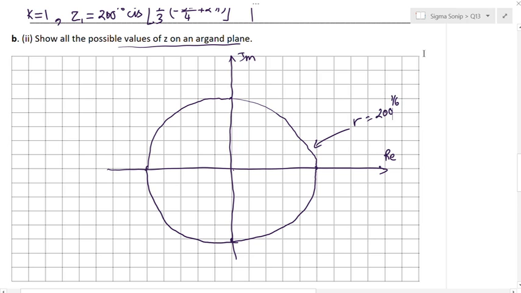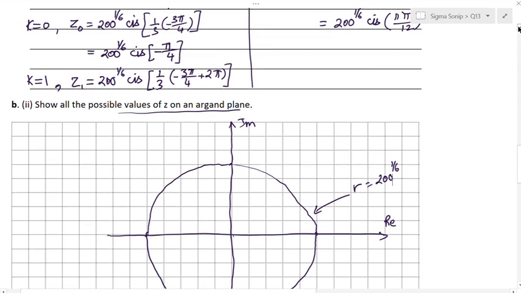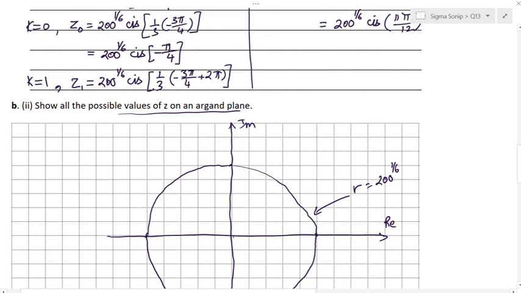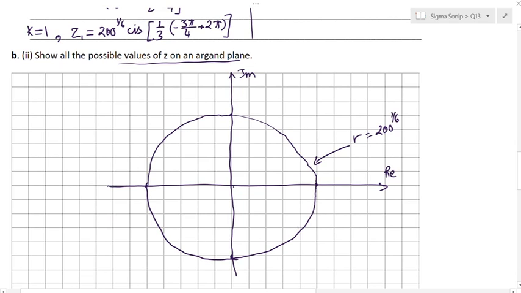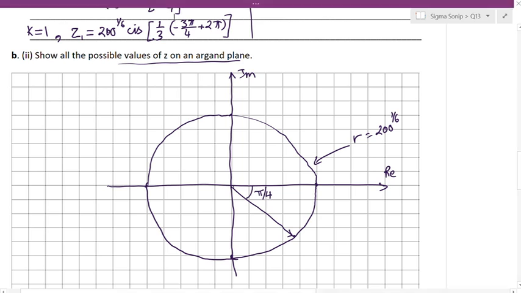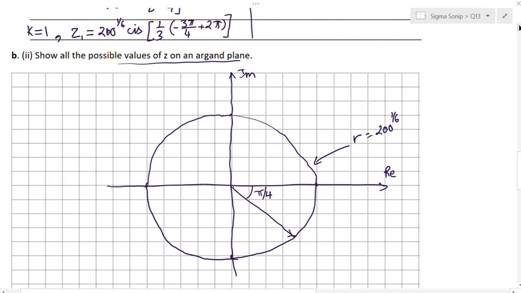And the first root, if you recall, was minus pi over 4. So minus pi over 4 will be here, exactly in the middle, and this angle is pi over 4. Easy enough.